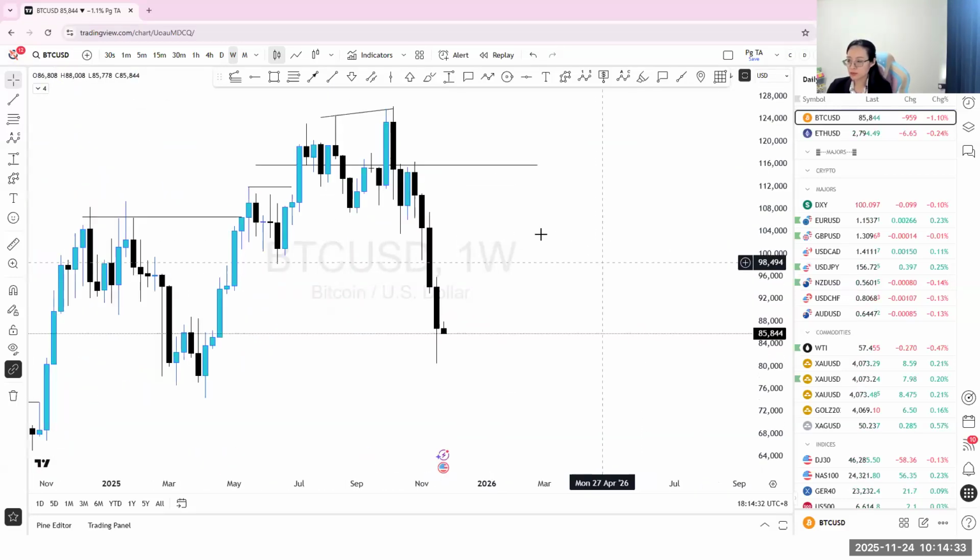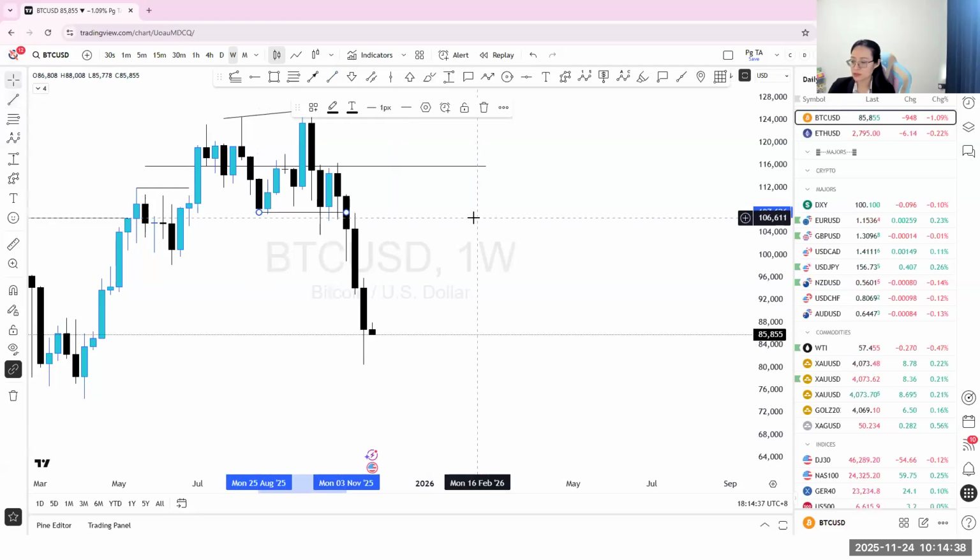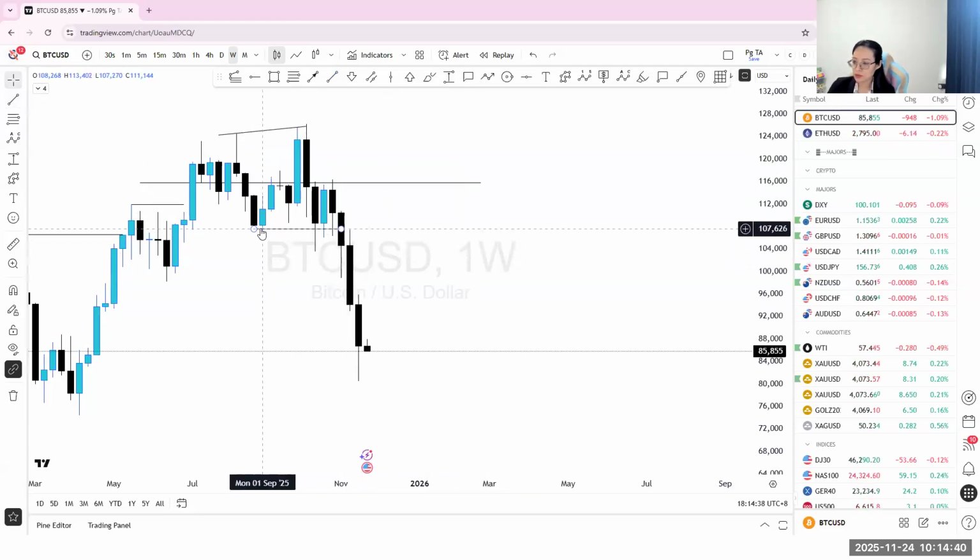Price has changed when price has a weekly close below this level. This is the low that pushed the price. It is very important that you know how to find the structures.